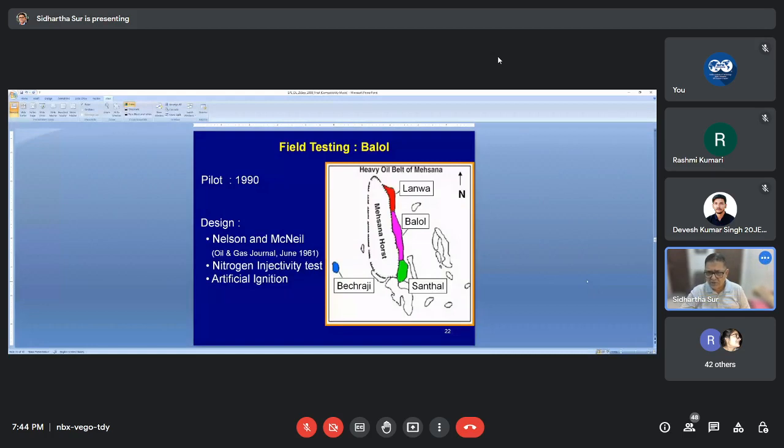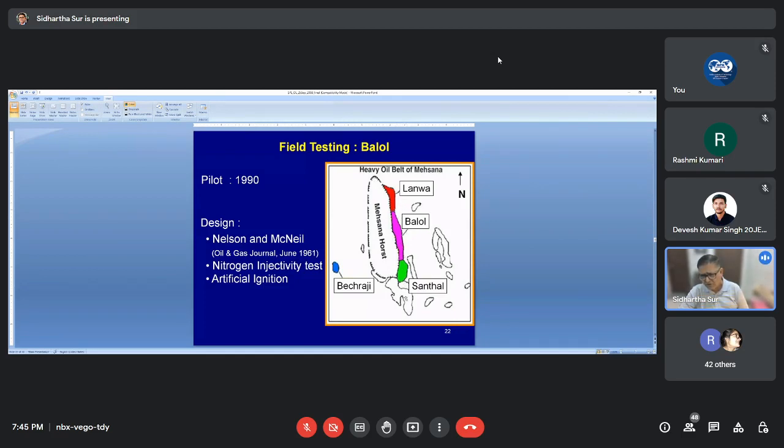So there are 4 fields which are contiguous in nature. They have active water drive support from the east, and there is a Mehsana host in the west, which are the 2 barriers in the east and west. But all these fields have no geological barriers. They are having geographical barriers.